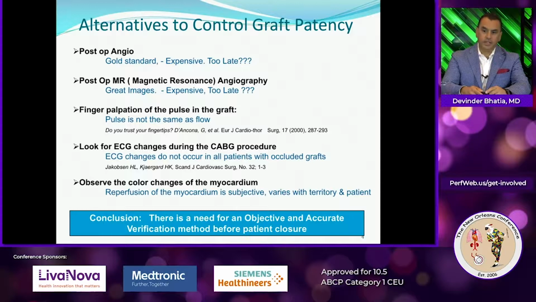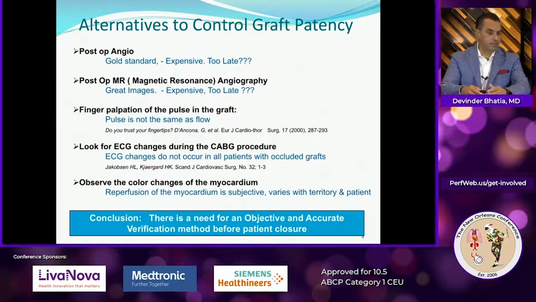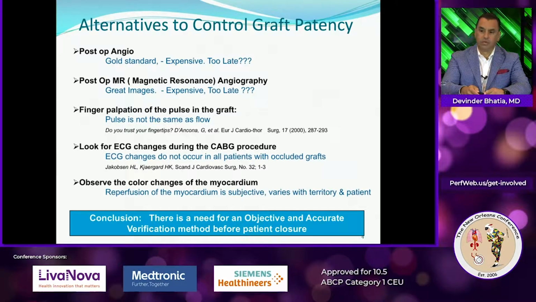You can look for EKG changes during the coronary bypass procedure, but a lot of patients don't necessarily have changes in their EKGs, even in the presence of a substandard bypass graft. And then you could observe the color changes in the myocardium, which I don't find to be too helpful overall.